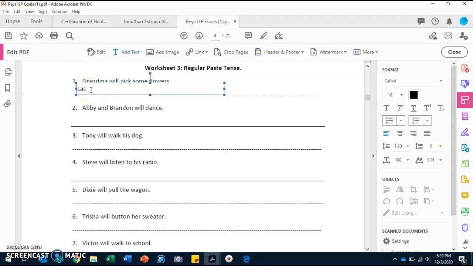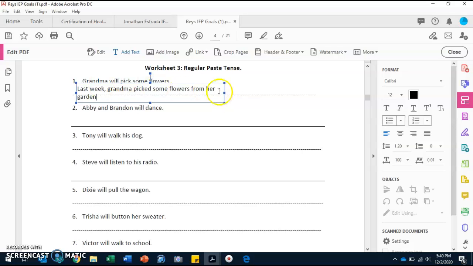So let's start as last week, comma, Grandma picked, because it already happened, so we're going to put picked some flowers from her garden.